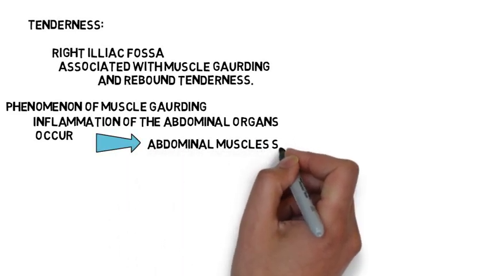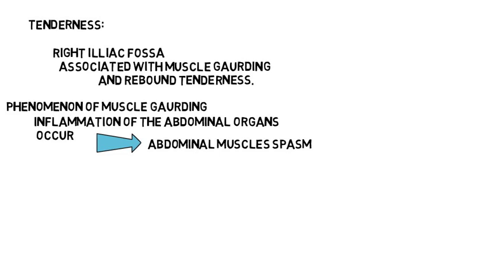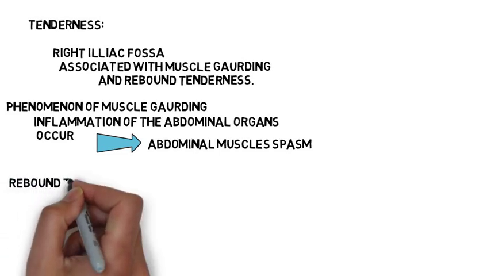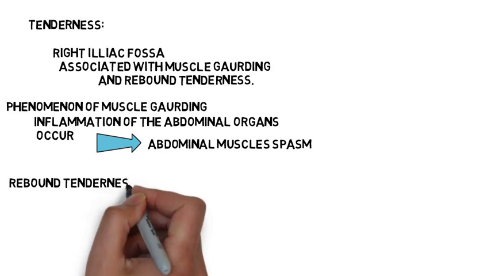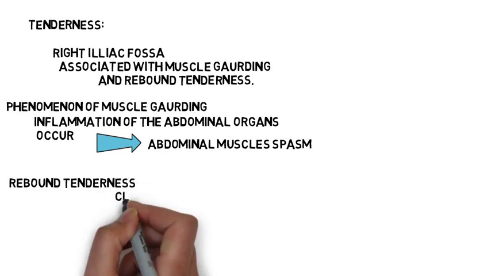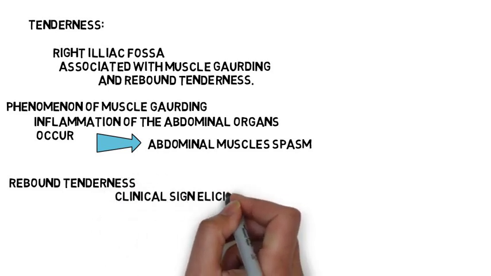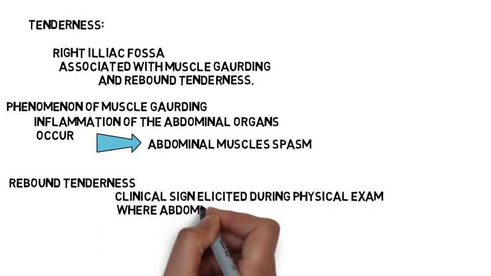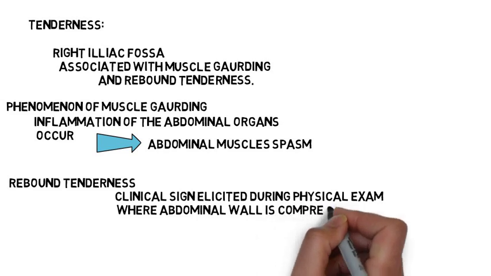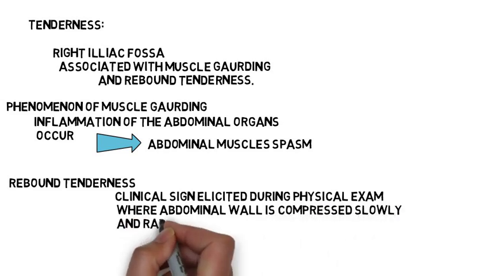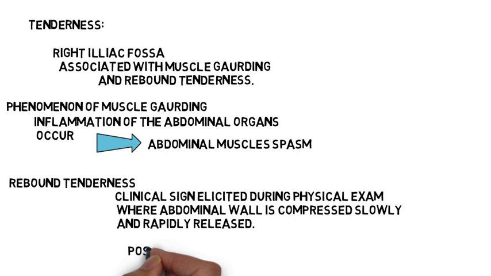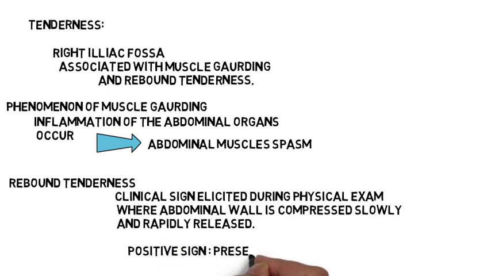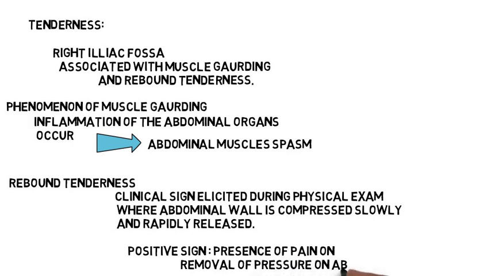And the rebound tenderness is due to inflammation of the peritoneum. It is a clinical sign elicited during physical examination by the doctor, where the abdominal wall is compressed slowly and rapidly released. The positive sign means the presence of pain on the removal of pressure on the abdominal wall.